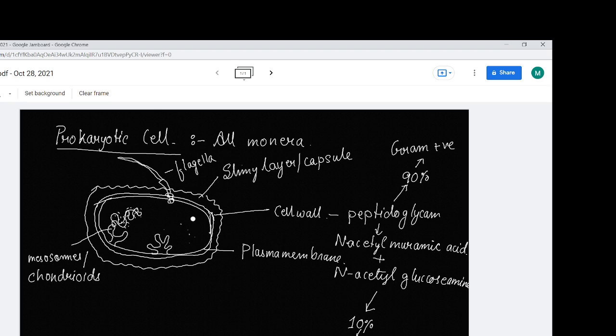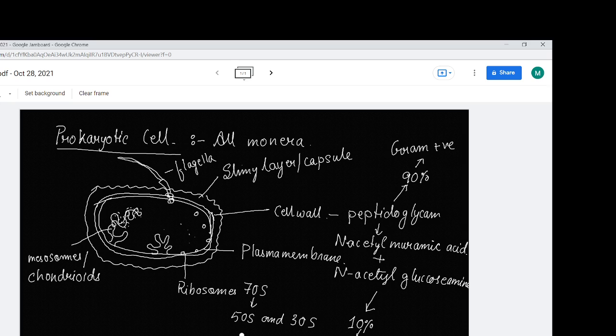The ribosomes in the bacteria can be attached to the plasma membrane, or they can be freely floating also. These ribosomes are of 70S type. So we know that in ribosomes there are two subunits, and here the subunits are 50S and 30S type.